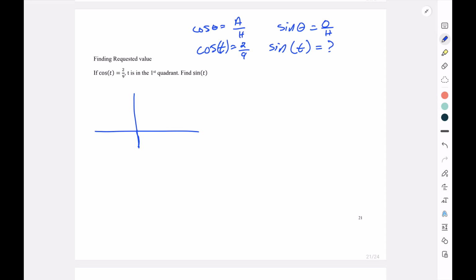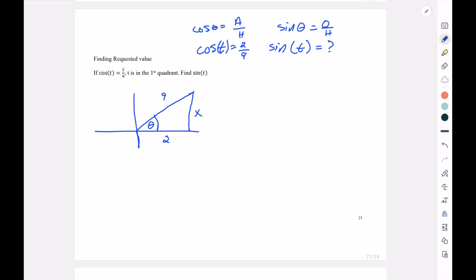So next we can draw our triangle. If we have our right triangle, and we're not sure what our side lengths are because we're just given t, we use this as our theta. We know that our adjacent is 2, and our hypotenuse is 9, so we want x.